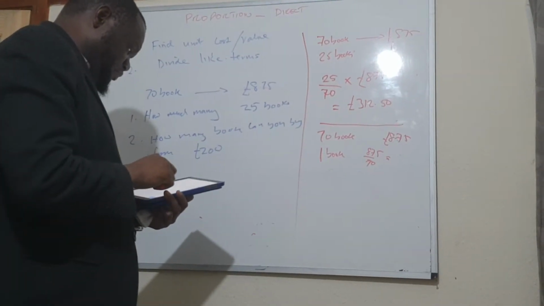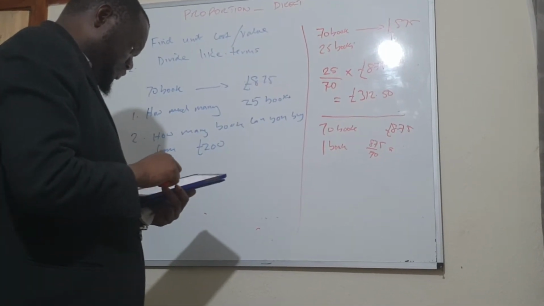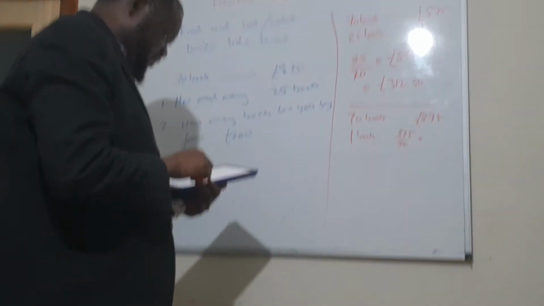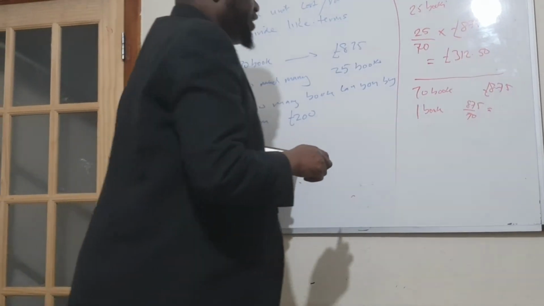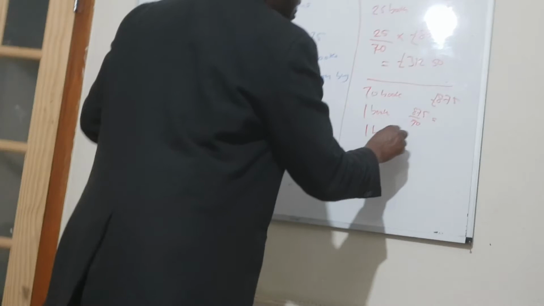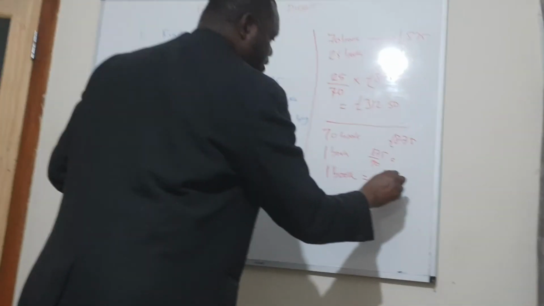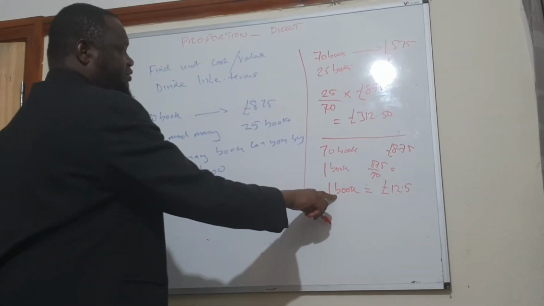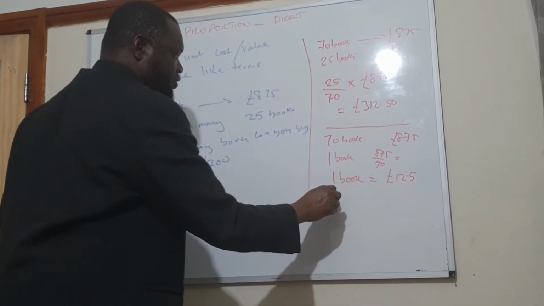That will be 875 divided by 70. So 12.5, yes? So one book is equal to 12.5.